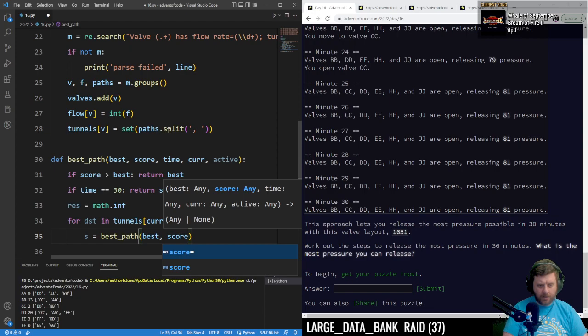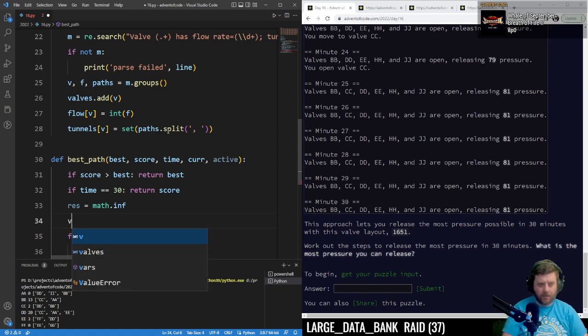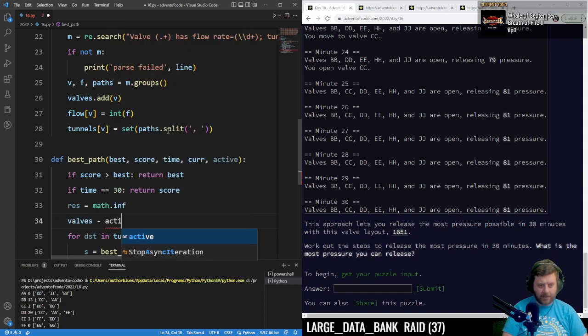My score is going to go up by all of the valves that are not turned off. So in this situation, that would be valves minus active.